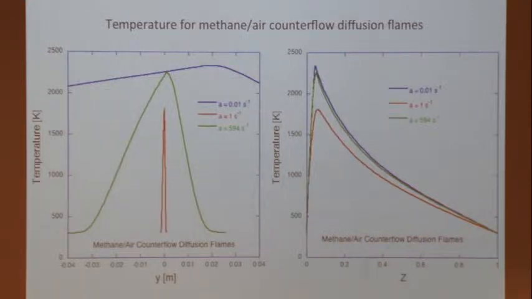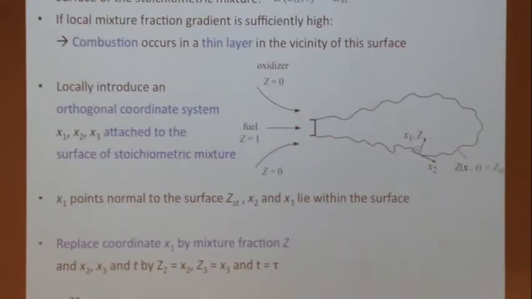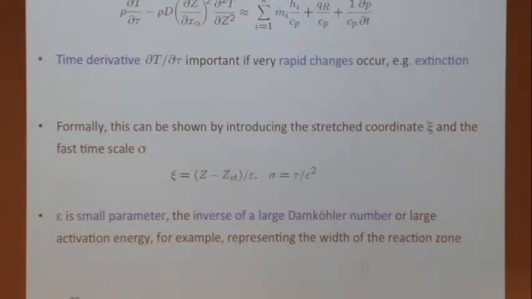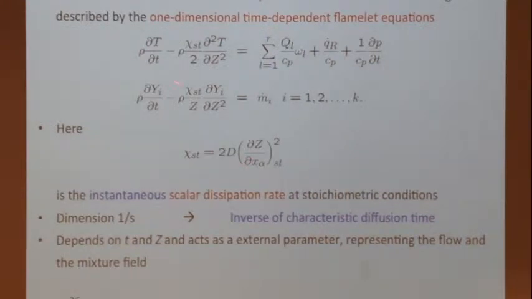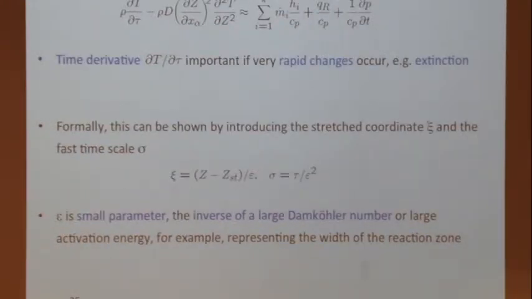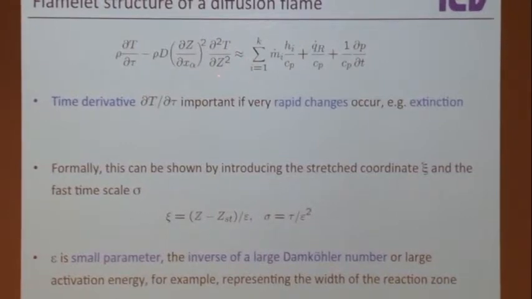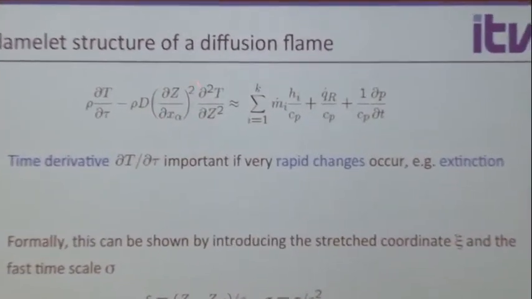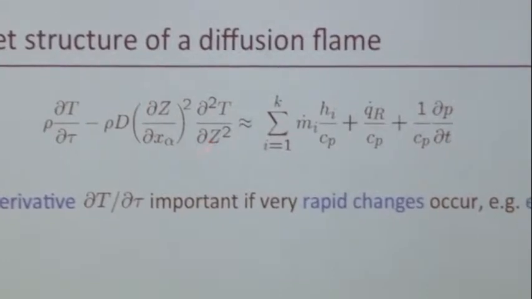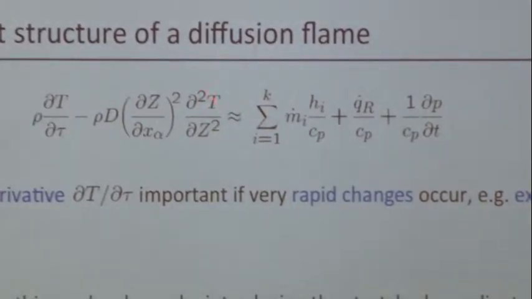Okay? So when you go back to this, what the dissipation rate does here really, it tells you how strong the gradients are in physical space: the gradients of mixture fraction in physical space, times the gradients of temperature with respect to mixture fraction.